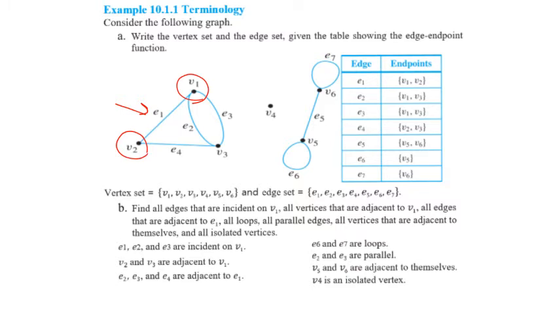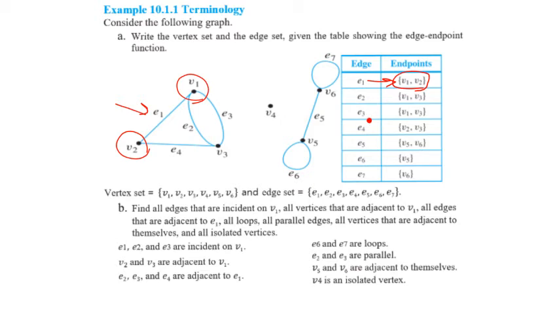That's why E1 corresponds to the set of V1 and V2 as its endpoints. In a similar way, we can see that the endpoints of E2 are V1 and V3. This is E2: one endpoint of the edge E2 is V1, the other endpoint is V3.